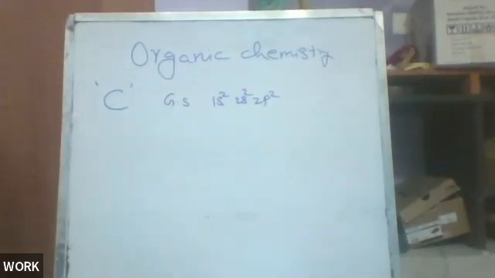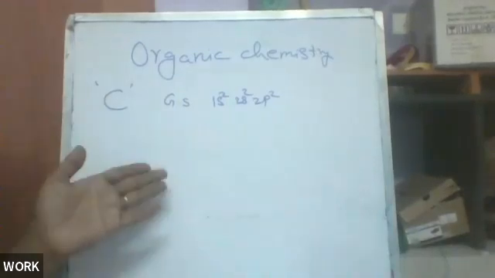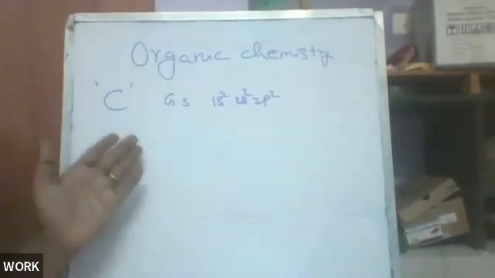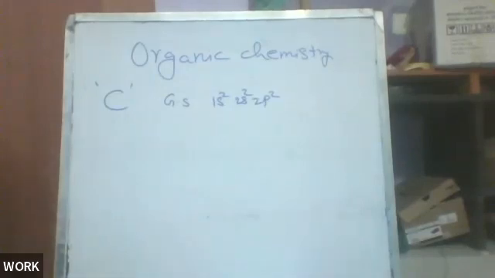Because of the catenation property, it will form a multitude of compounds, and it also exhibits a valency of 4, so it is able to form 4 bonds. With this property, carbon can combine with hydrogen to give hydrocarbons, with halogens to give haloorganic compounds, and with oxygen to give alcohols like that.